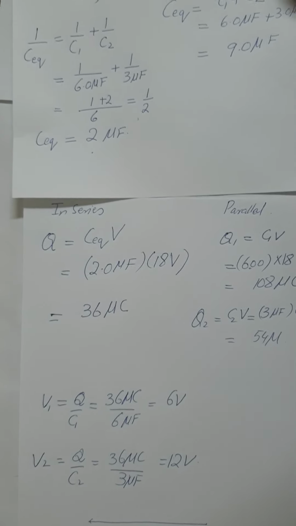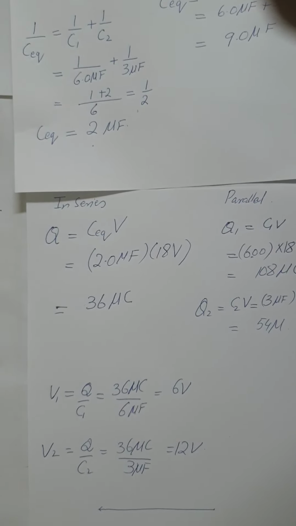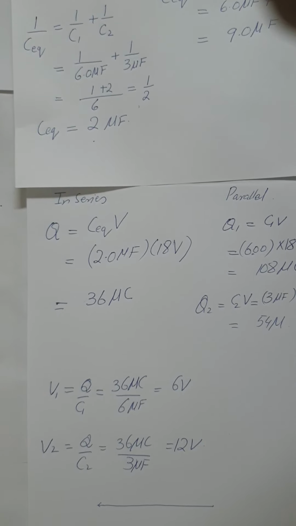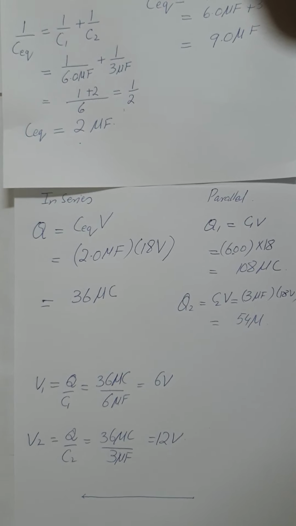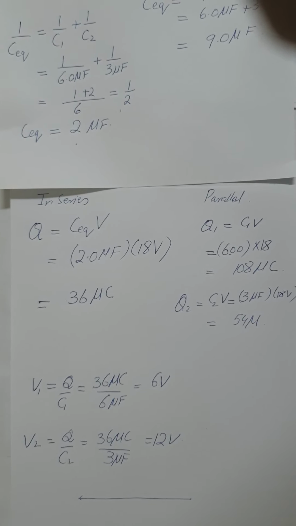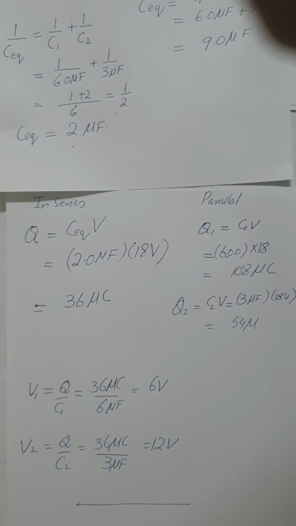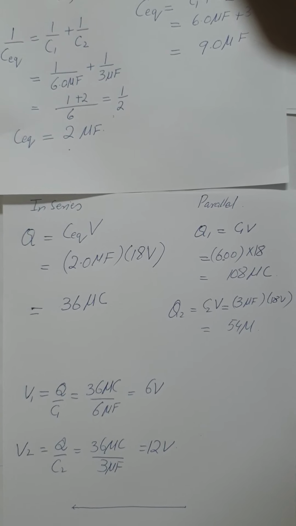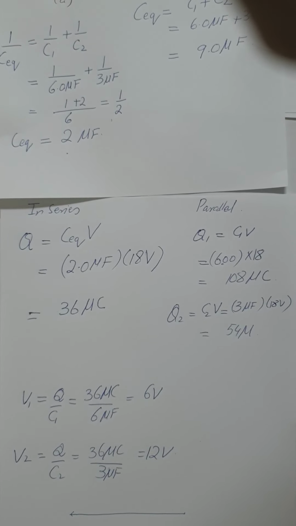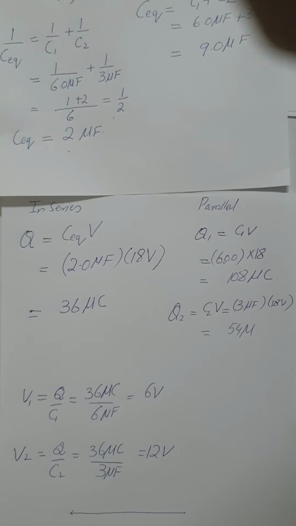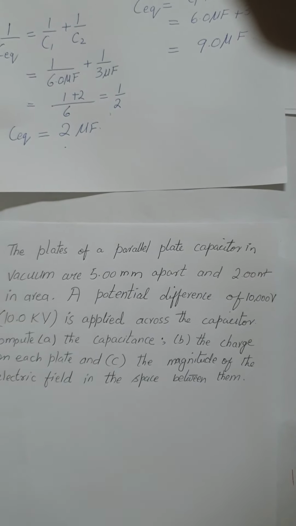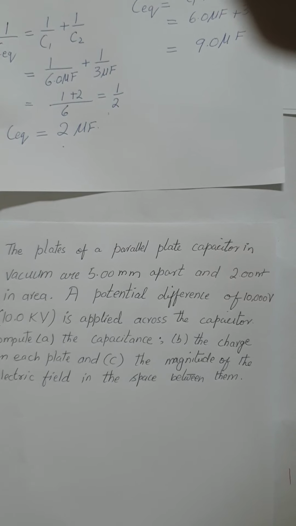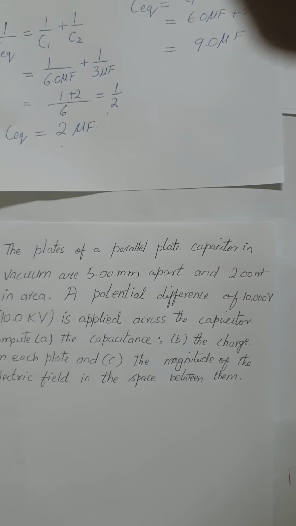So similarly you can also guess about charges and potential for the two capacitors. Now let's move to one more sample problem which is about the previous lecture on different configurations.